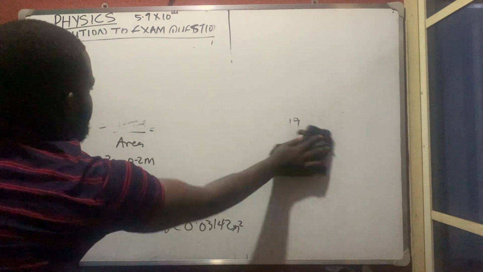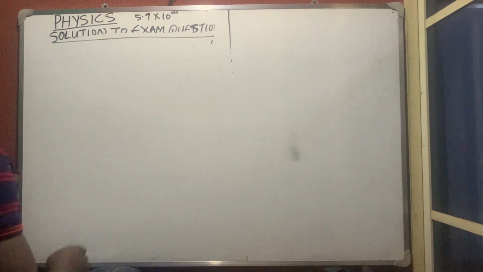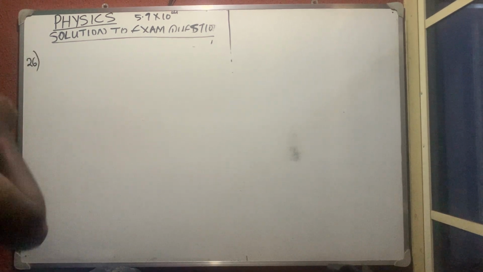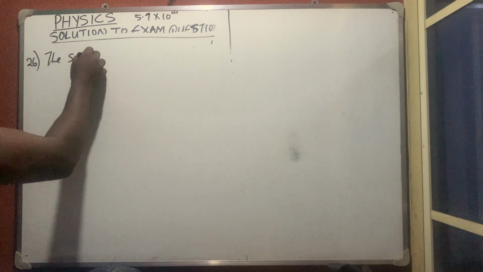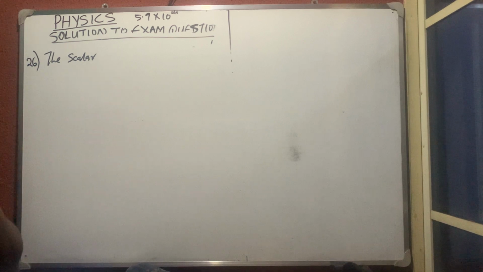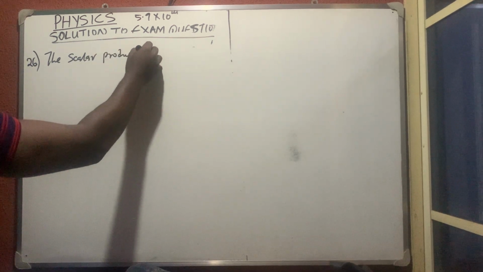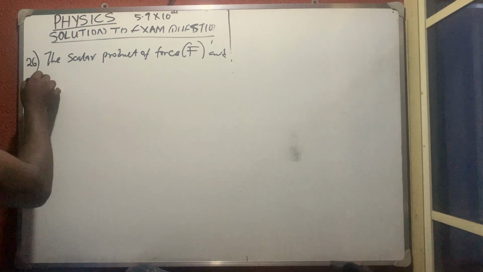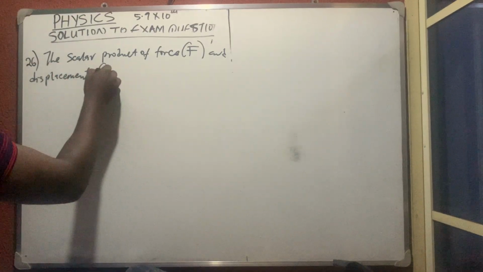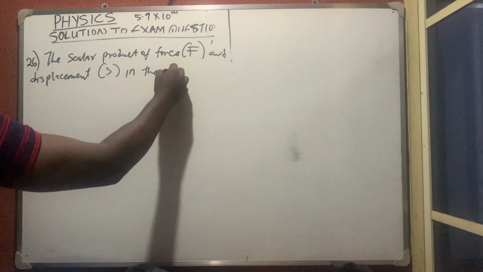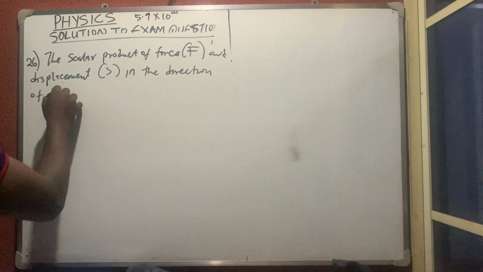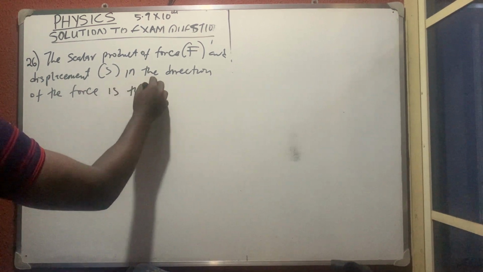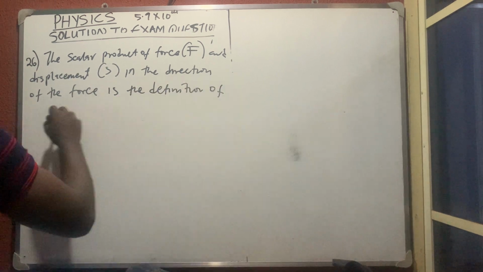The next question, question number 26, says that the scalar product of force F and displacement S in the direction of the force is the definition of work done.